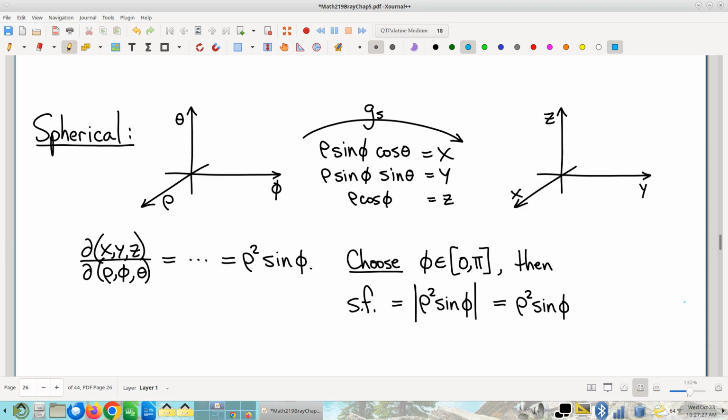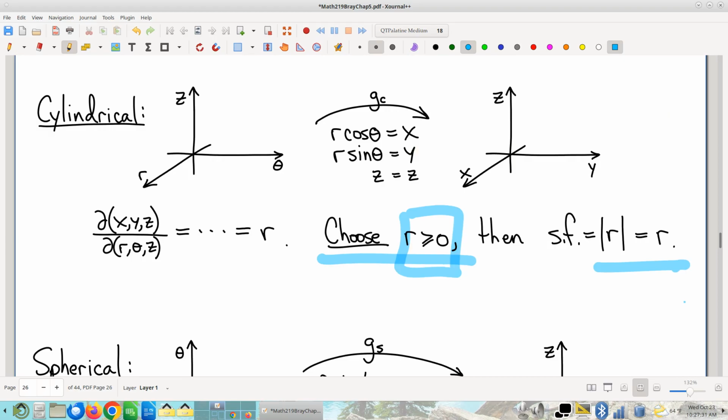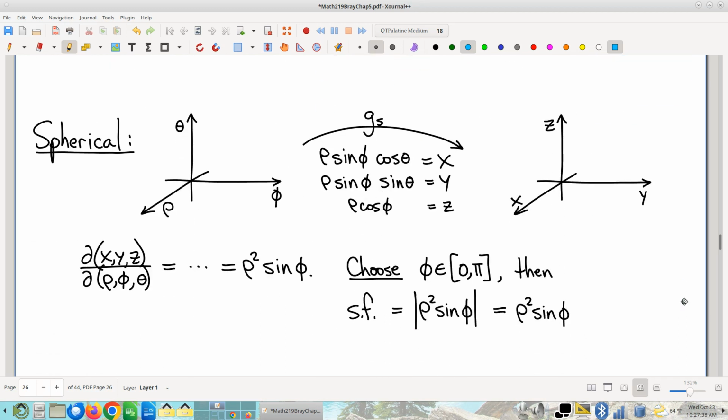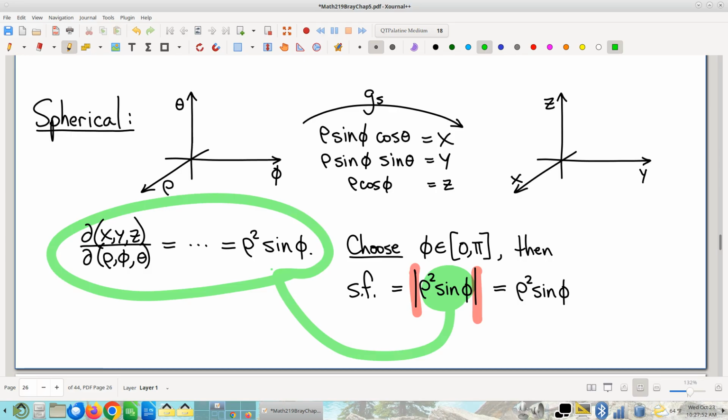And again, importantly, it's not, because while R is the thing that you have to insist on being positive in order to lose these absolute values, that does not work at all in this situation. If you need to get rid of these absolute values, if you want to ensure that this Jacobian determinant is always positive, it doesn't help you a bit to make constraints on rho.